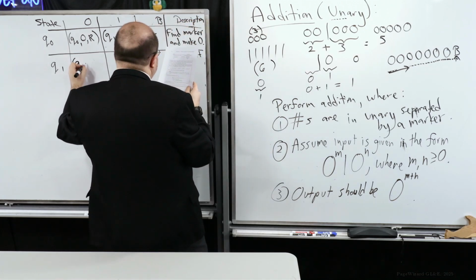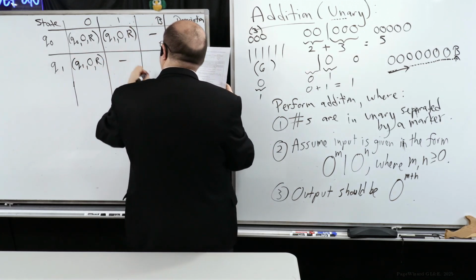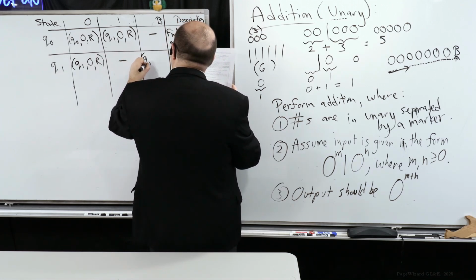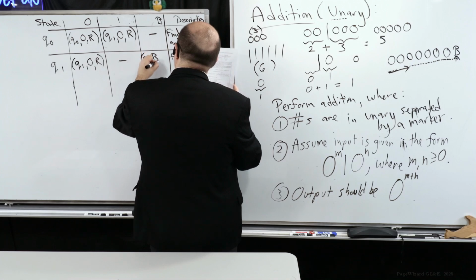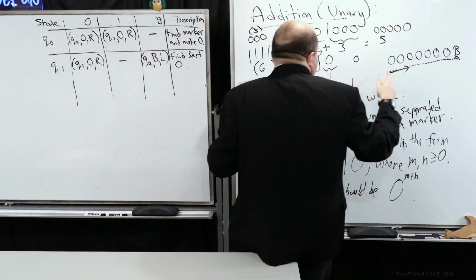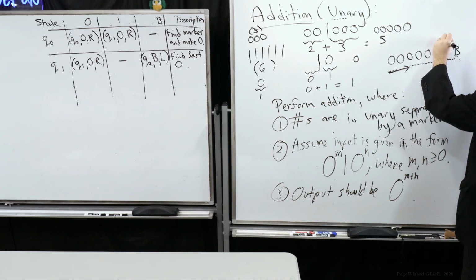We don't know if there's another 0 after it. So with Q1, we're not going to change any of these zeros, keep them the same. We know there's no more 1s, so we're just going to keep going. But we want to go into the next state once we see the blank. So we'll leave the blank alone, and when we hit the blank, it's going to move the tape head 1 to the left.